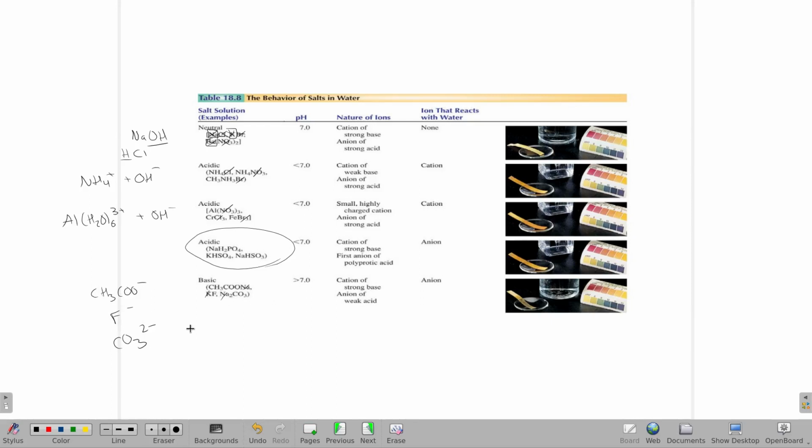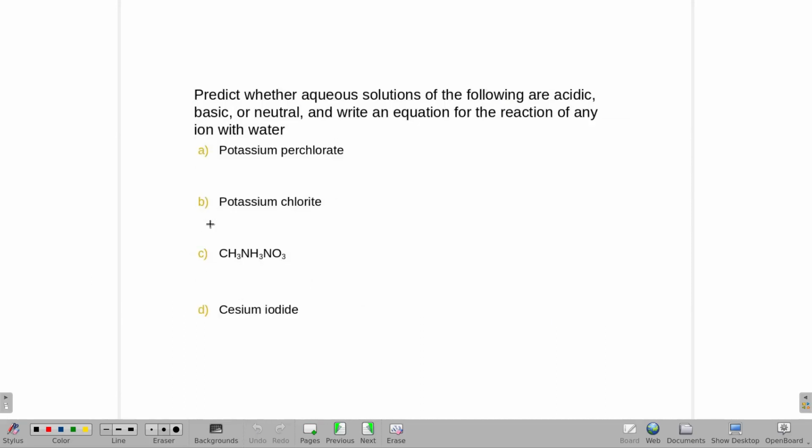Technically, those are conjugate bases of weak acids. So those guys can take away some of the H plus floating in there, which is why it's basic. Our weird exception and some of the other ones we're going to cover next.